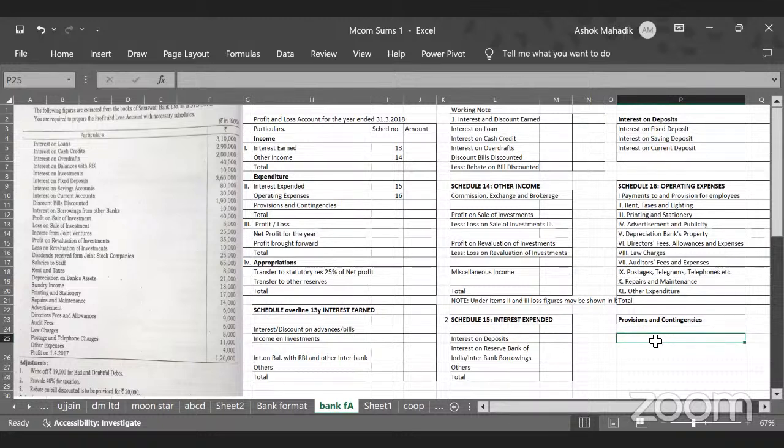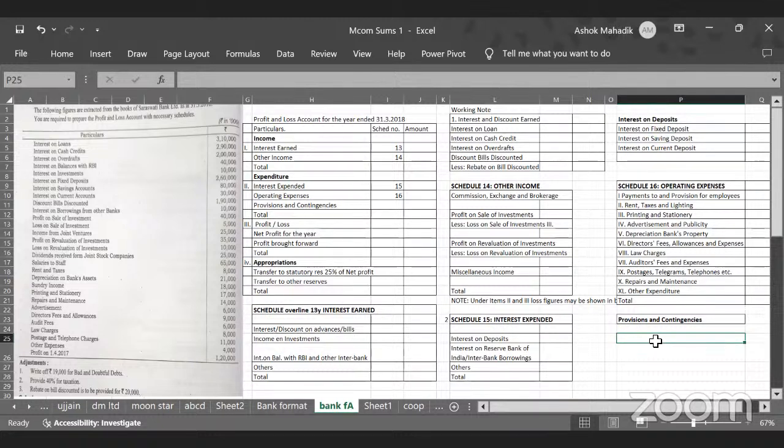Since the trial balance is tallied one, they will have to show debit and credit. If it is like this sum, which is not a tallied trial balance, then there will be a lot of questions in your mind whether it is schedule 13 or 15. The best criteria, you just remember what kind of account that is. That is, interest is on what? Which item? That will tell you whether it's an income or expense.